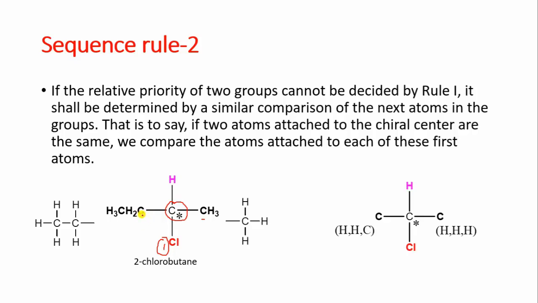So this carbon atom is directly attached to hydrogen and carbon. Here we have hydrogen and carbon. And this CH3 carbon is attached to another 3 hydrogens. So what do we have to do?